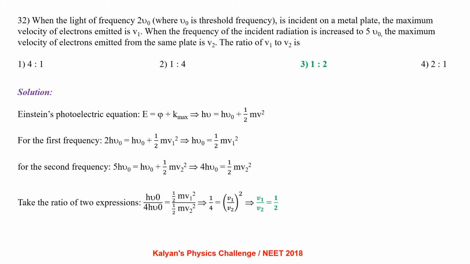So for the first frequency 2 nu naught, we can write 2 times h nu naught equal to h nu naught plus a half m v1 square. For the second frequency, we can write 5 times h nu naught equal to h nu naught plus a half m v2 square. Upon simplifying the values, we have the ratio of velocities v1 by v2 equal to 1 by 2.